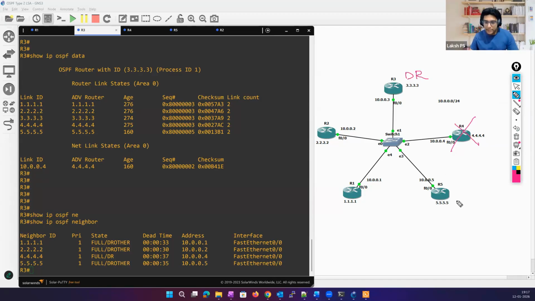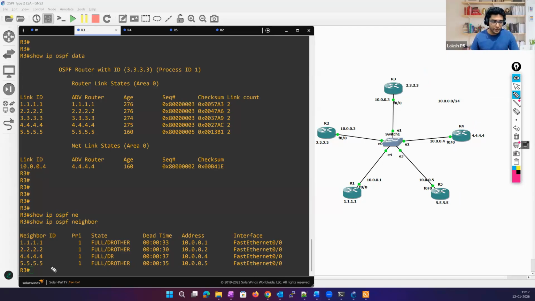And in that case, since R5's router ID will be the highest, this guy will become the BDR. Then we need to fail R3 again. When R3 fails, R5 will automatically become the DR. So if the DR goes down and comes back up again, it cannot take its position as DR until and unless the current DR and BDR fail.